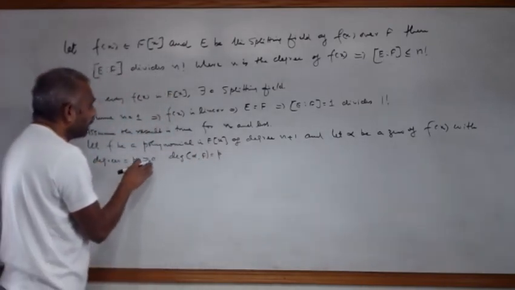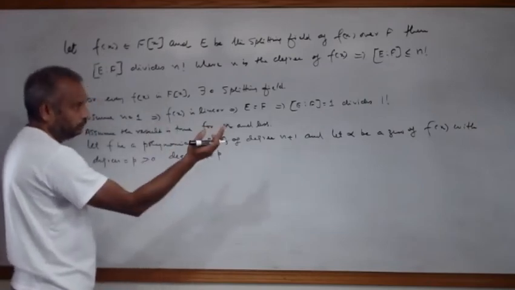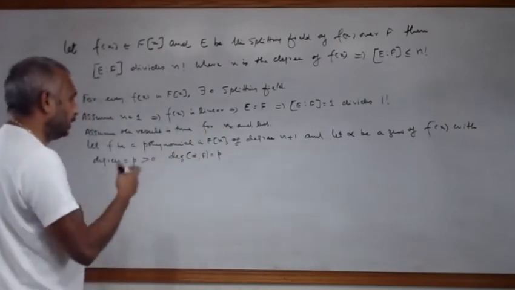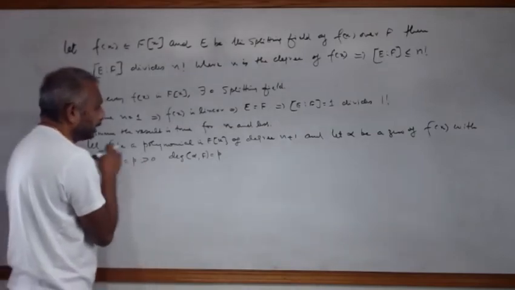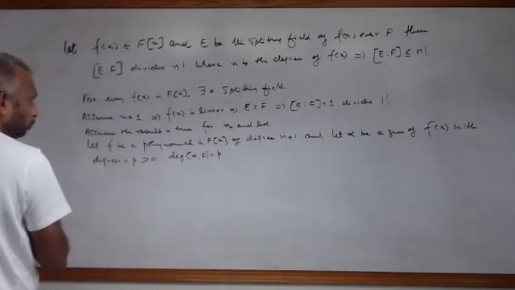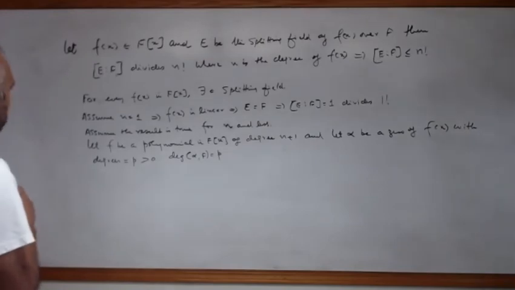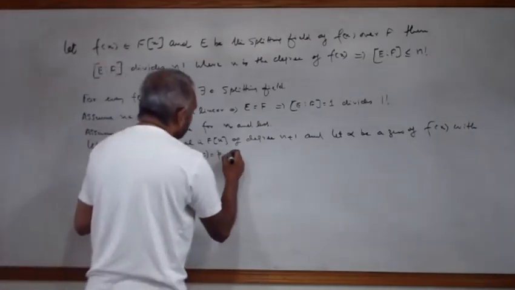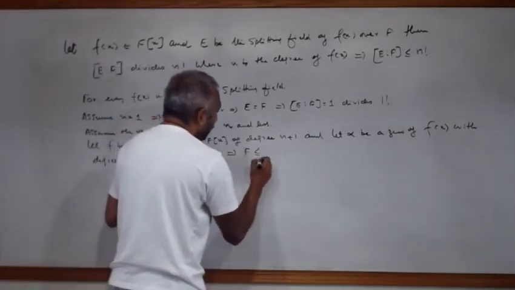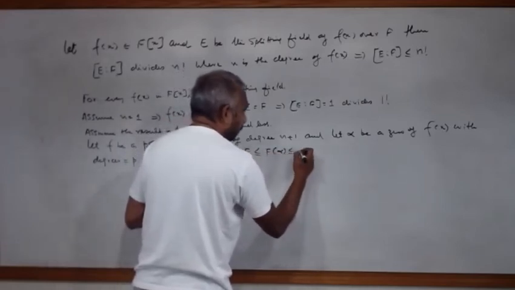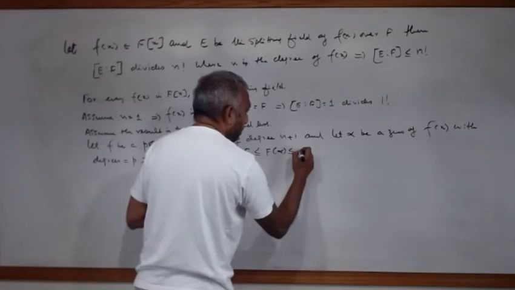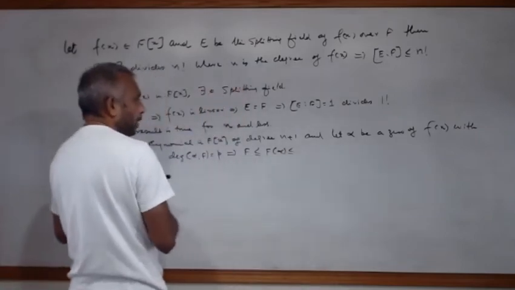If it is 1, then f is irreducible. So we'll assume that p is greater than 1. So this implies F is a subfield of F of alpha, which is a subfield of E.